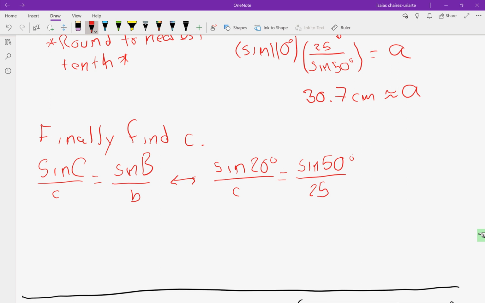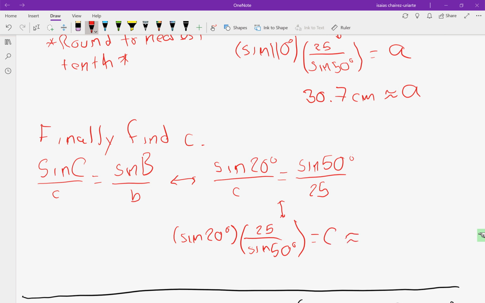And in the same way that we solved for A earlier, I'm going to solve for C right now. If I solve for C, you should just say sine of 20 degrees times the reciprocal of my fraction, so 25 over sine of 50, and that's equal to C.